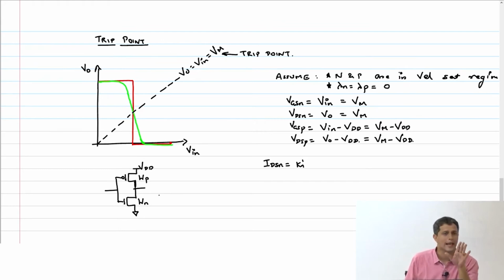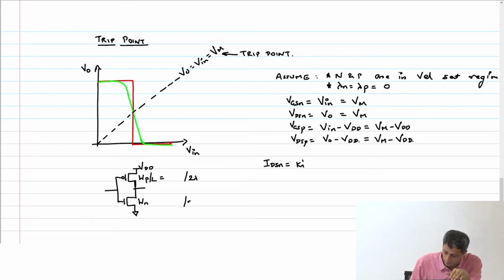I am not writing L because both of them are minimum channel length, and in the tutorial you would have seen that they use this technology parameter called lambda. Okay, so typically the dimensions of the transistors are written as a function of this lambda. So W by L will be, for example, L will be 2 lambda always.